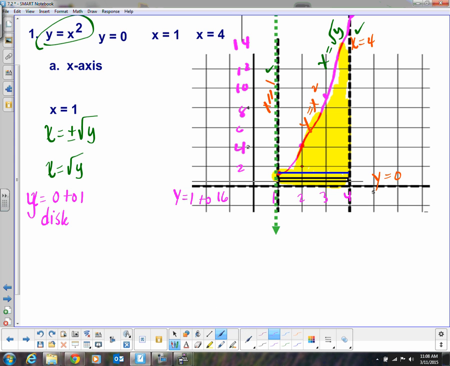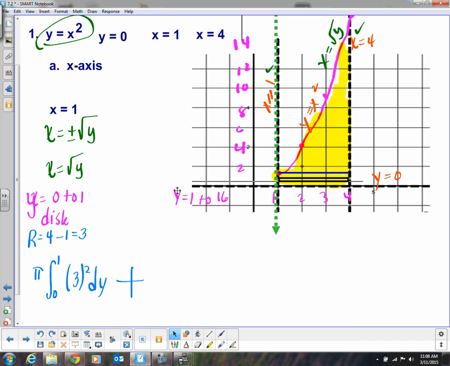So when we're sideways, what do we say? Right minus left. The right is 4, minus the left, which is 3. Okay. So this is going to be pi times the integral from 0 to 1 of my radius squared dy. Correct? Plus, now let's talk about 1 to 16.